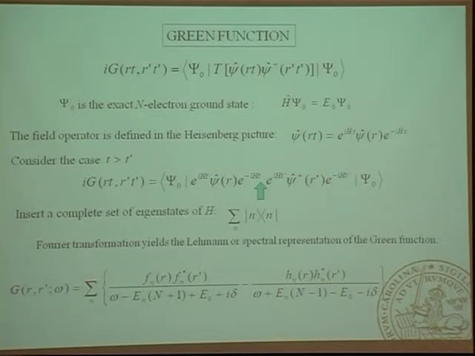This is an exact expression for the Green's function, where in the denominator we have the excitation energies of the n+1 and n-1 system, and this is precisely what is measured in the photoemission experiment.